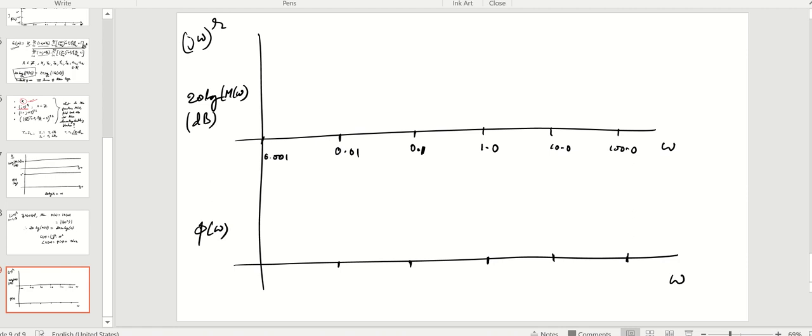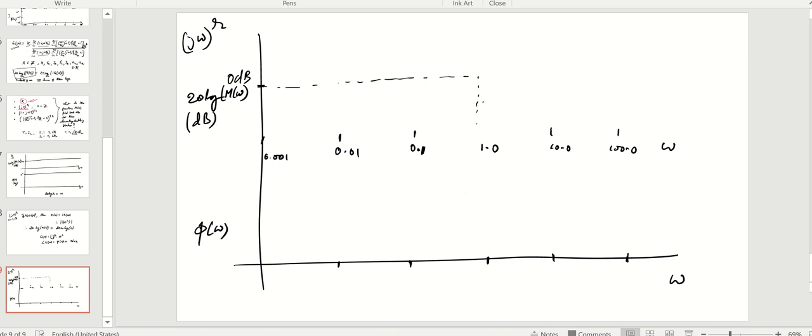If you take this to be the 0 decibel marker, then what do we know?